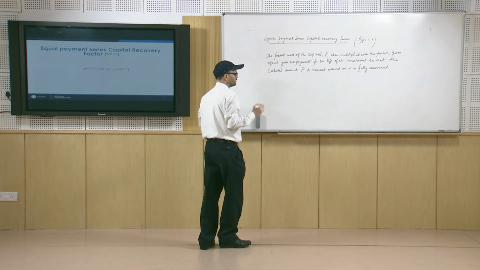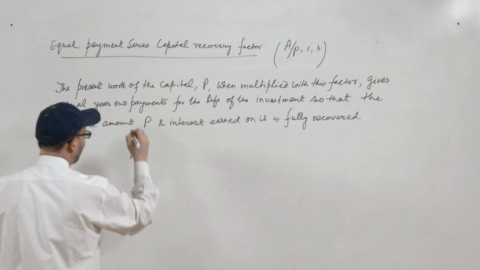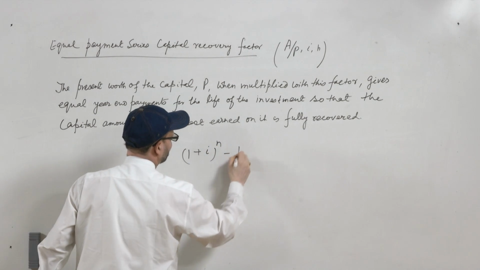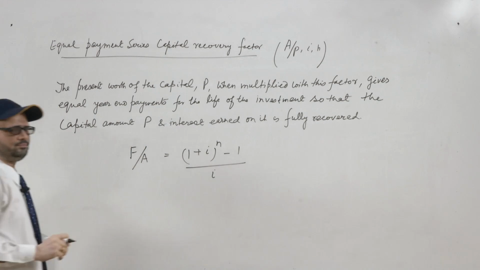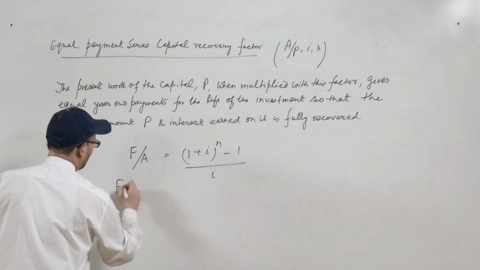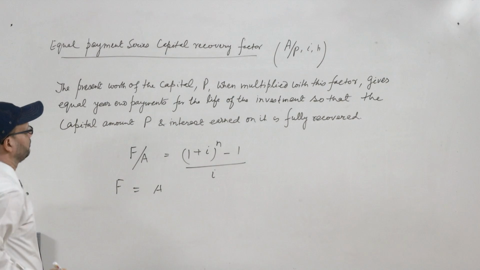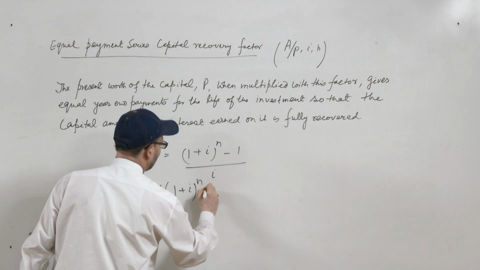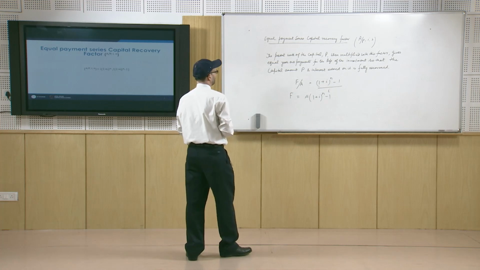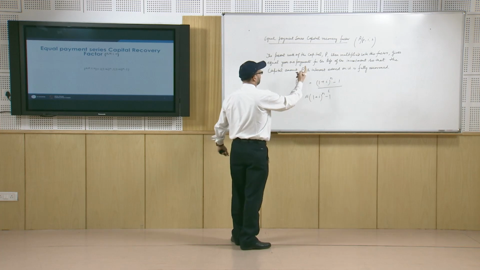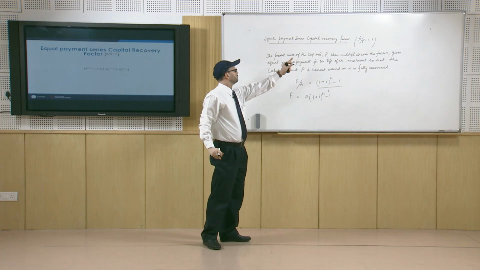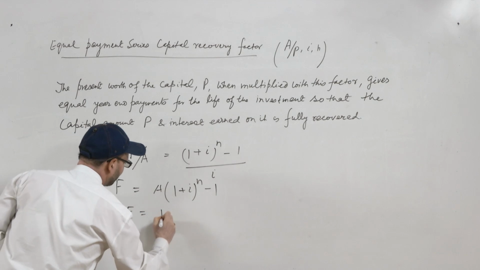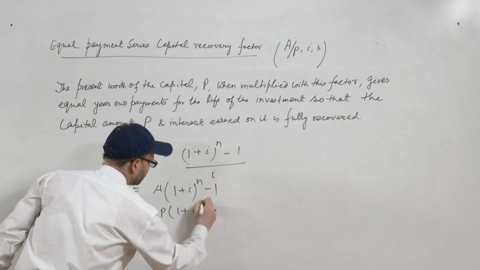Now, we have seen that F by A is 1 plus i raised to n minus 1 by i, that is F equal to A into 1 plus i raised to n minus 1 by i. Now, we have to find the expression for A in terms of P. We know that F is P into 1 plus i raised to the power n.